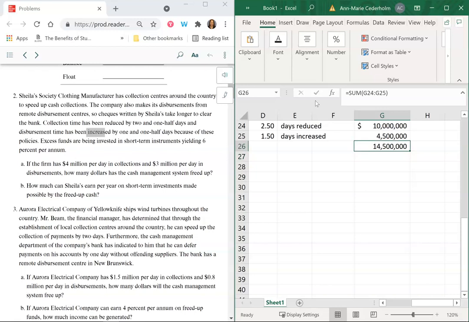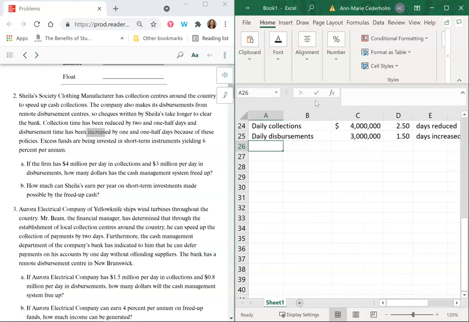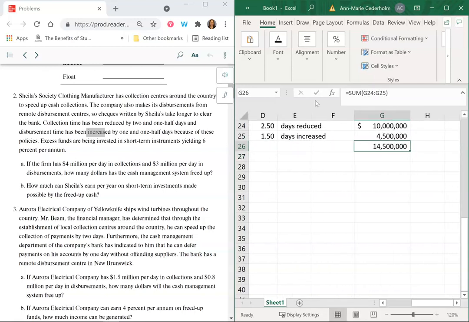So we're reducing our collection time with our customers, and we're increasing our disbursements time with our suppliers. So that gives us $14.5 million in freed up cash. So I just answered A.